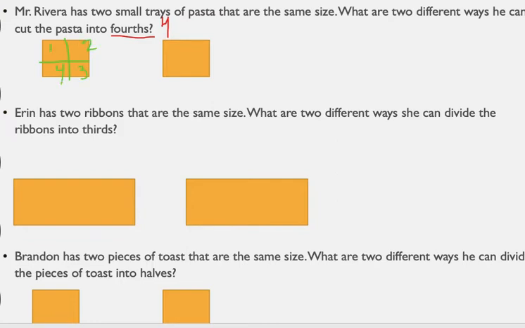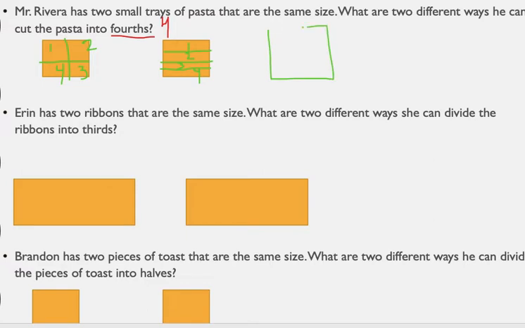So I'm going to do this one up and down and side to side and label my 4 equal parts. And then over here, I will have them all going side to side to have my 4 equal parts. And remember, those are not the only 2 answers.